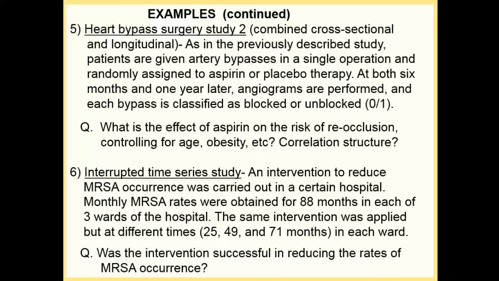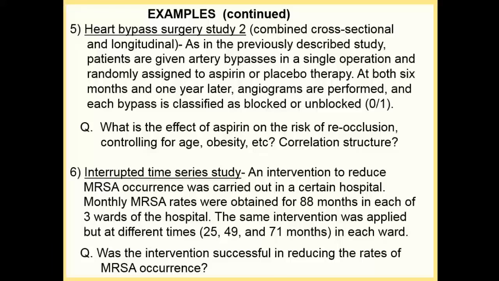So there's a longitudinal part and there's a cross-sectional part. So the correlation structure is not obvious in terms of what it is. Maybe exchangeable would work if there's no difference between 6 months and 1 year. But to say it's autoregressive doesn't make sense, because there's a longitudinal component of it.